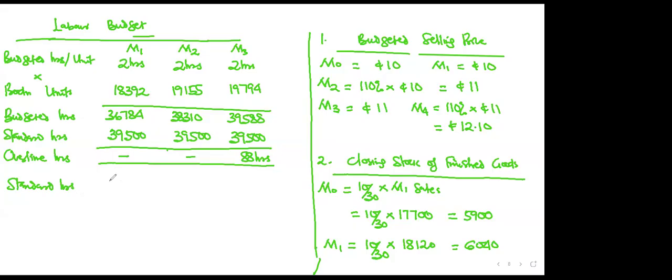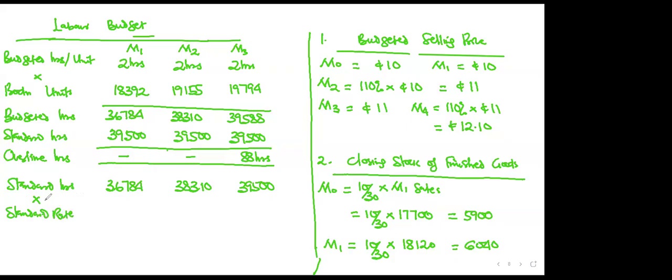The first will be 36,784, because you didn't get to the standard, then 38,310. But for this last one, we'll pay for the 39,500 first, at the standard rate.